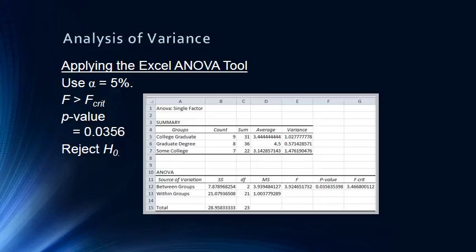Once you run the ANOVA test, this is the result. You will see the summary with the count, the average, and the variance. In the ANOVA table, you will have the p-value.